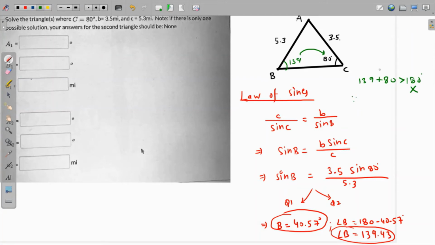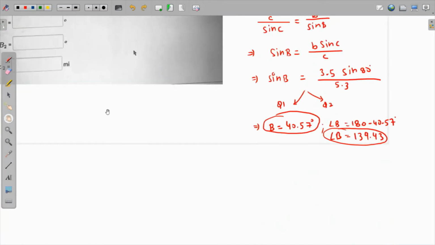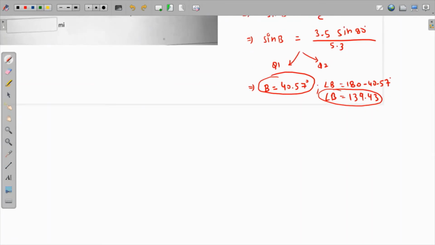So 139 should be excluded from our answer. In this situation it is not possible, so we are going to reject it. So angle B is 40.57 only.